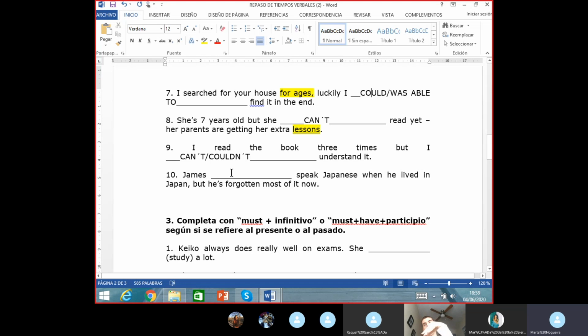10, James could speak Japanese when he lived in Japan, but he's forgotten most of it now. He's forgotten, present perfect. Empezad a recordar los tiempos verbales. Ok, que esto es un has. Ok, porque va con un participio. Ok, no tenéis que saber si eso se llama participio o si eso se llama present perfect.